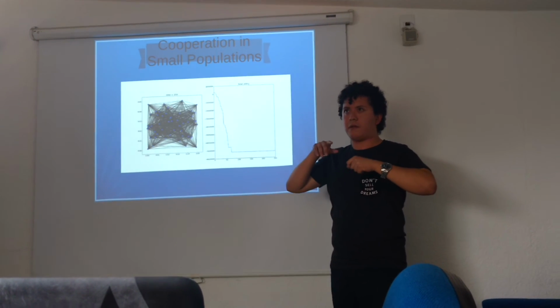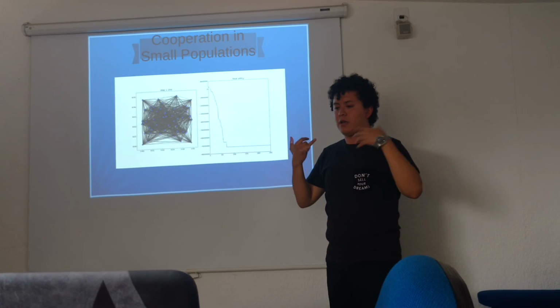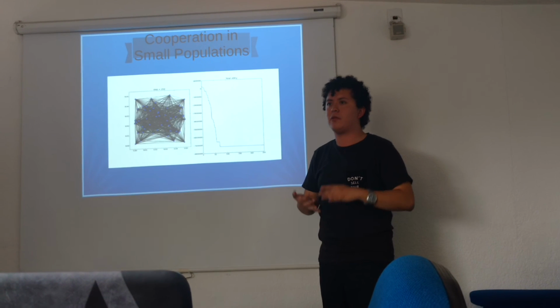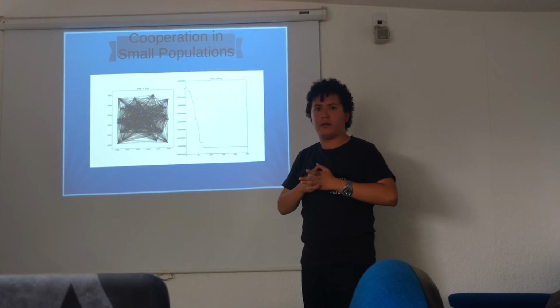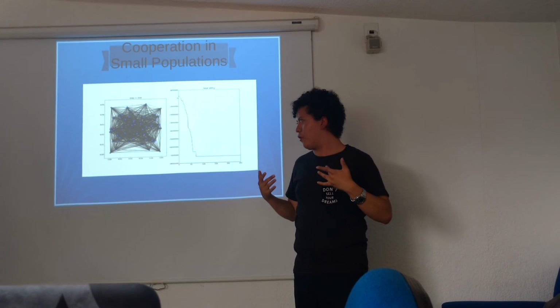Dunbar proposed 4 types of population: 5 people, 15 people, 50, and 500 humans.